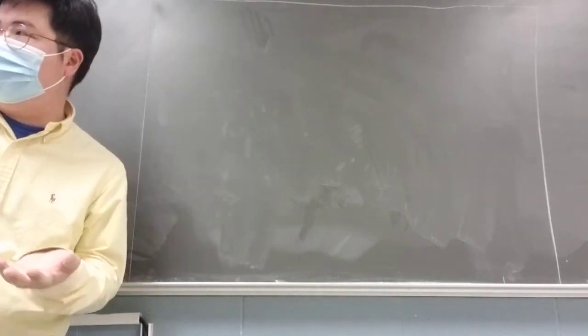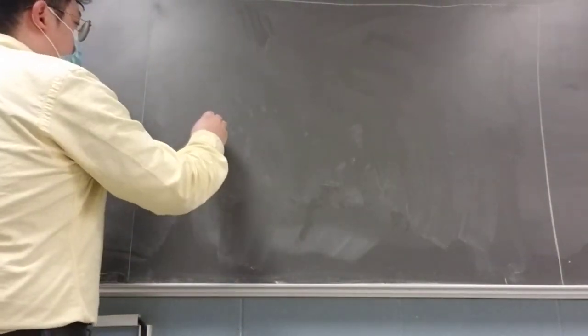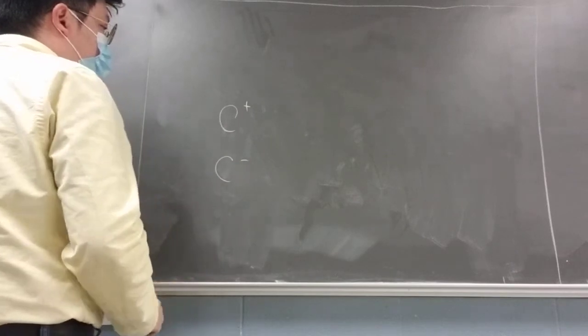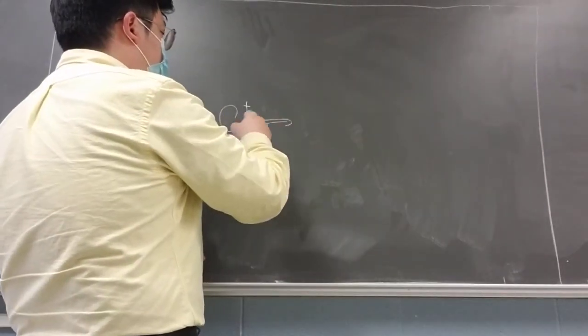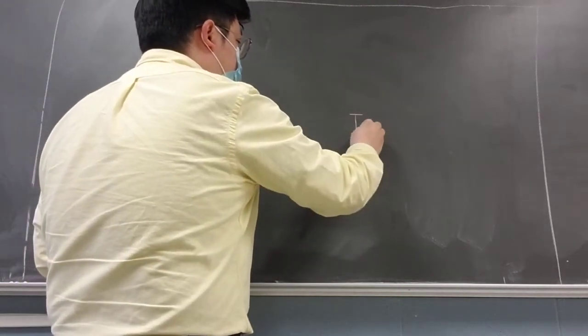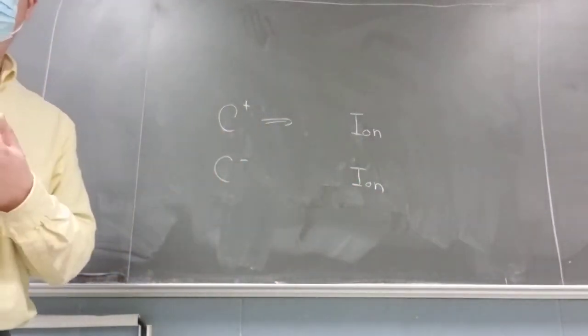So we just talked about the formal charge, atomic mass number, atomic number, everything. If a chemical has a plus or negative charge, a formal charge, we call it an ion. So if it is an atom or molecule, it doesn't matter.